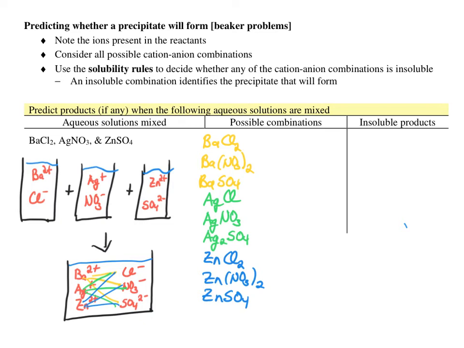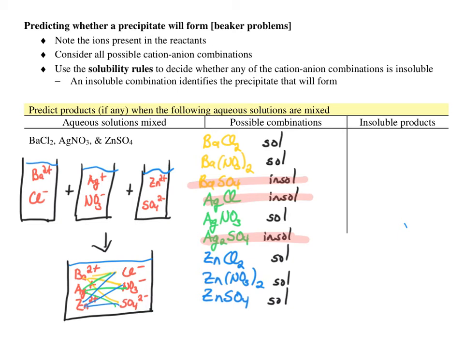Then we go through and determine the solubility of each of these salts. The insoluble compounds are our precipitates. So we have barium sulfate, silver chloride, and silver sulfate. Same process, only complicated by the fact that there are more potential combinations.